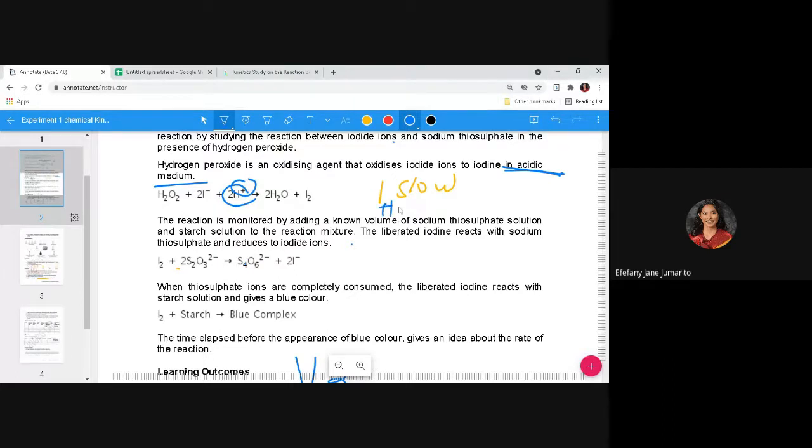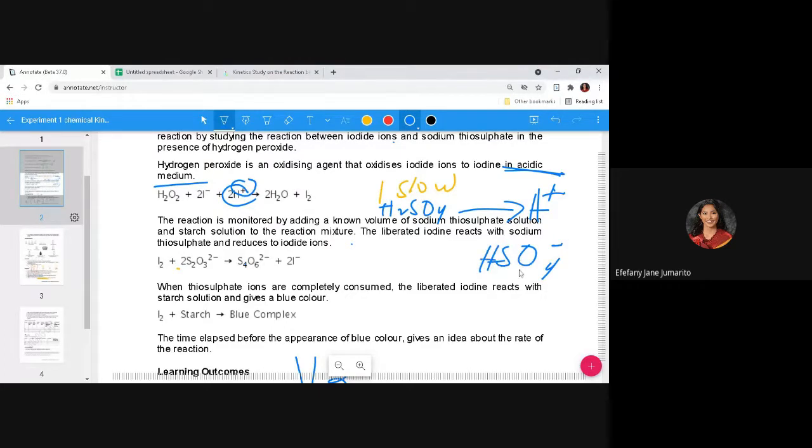So we have H2SO4. When that dissociates because of some chemicals present, it will dissociate into H plus ion and then we have HSO4 minus.